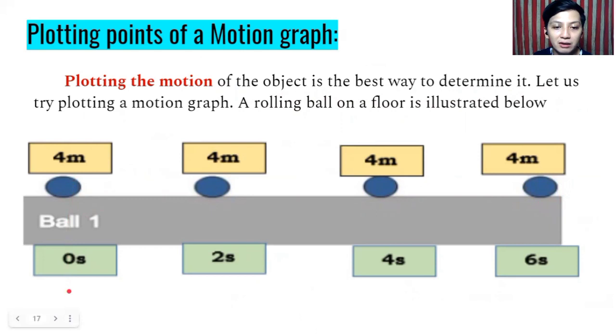And then from 0 seconds to 4 and then 6 seconds. So 4 meters, then after 2 seconds, naka 4 meters ulit. After 4 seconds, naka 4 meters siya ulit. After 6 seconds, naka 4 meters siya ulit. Okay.